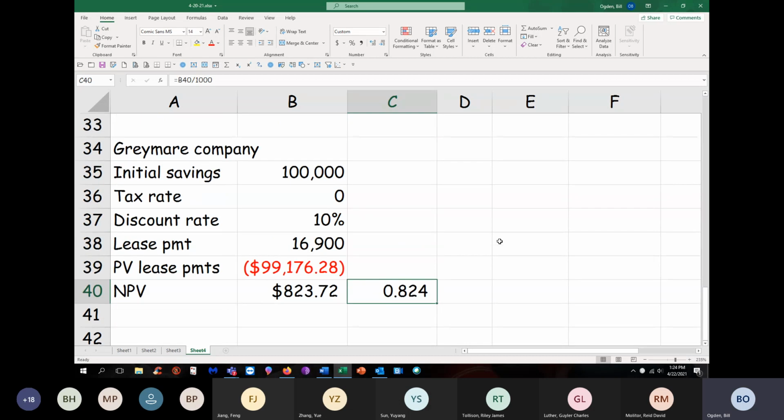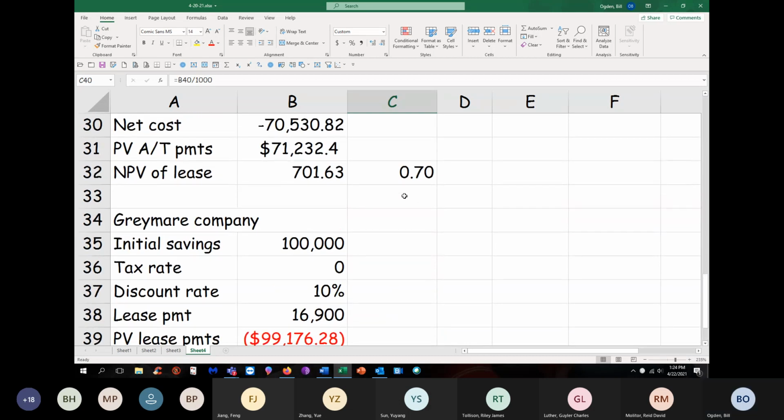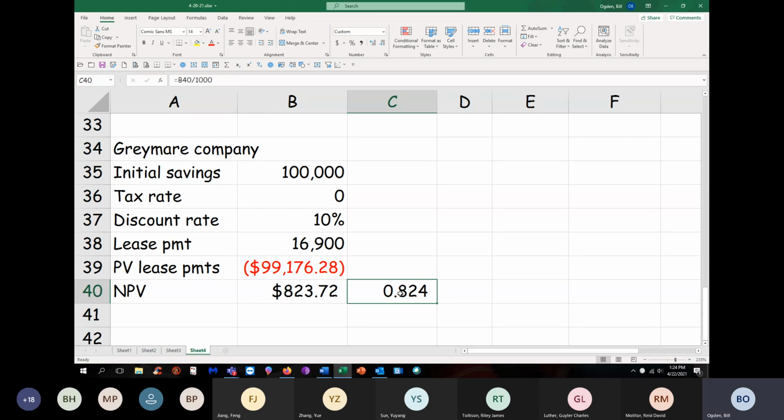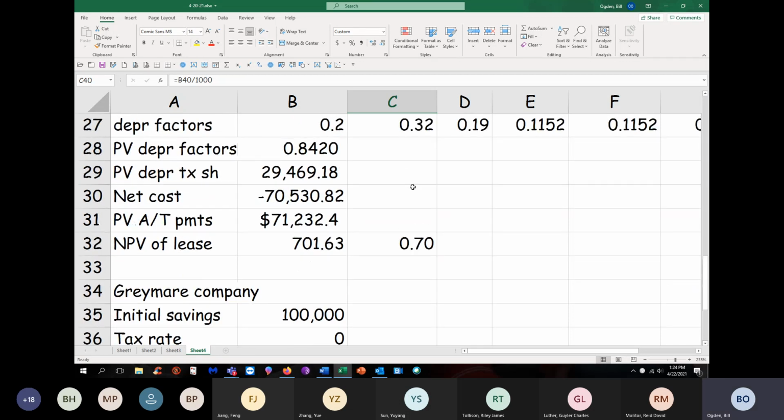And the next question is, what's the maximum payment that the lessor should be willing to make? Obviously, it could be more than $16,900, couldn't it? What's the minimum payment that the lessor should be willing to accept? And obviously, it's something less than $16,900. And that's what question 14 asked you to complete.